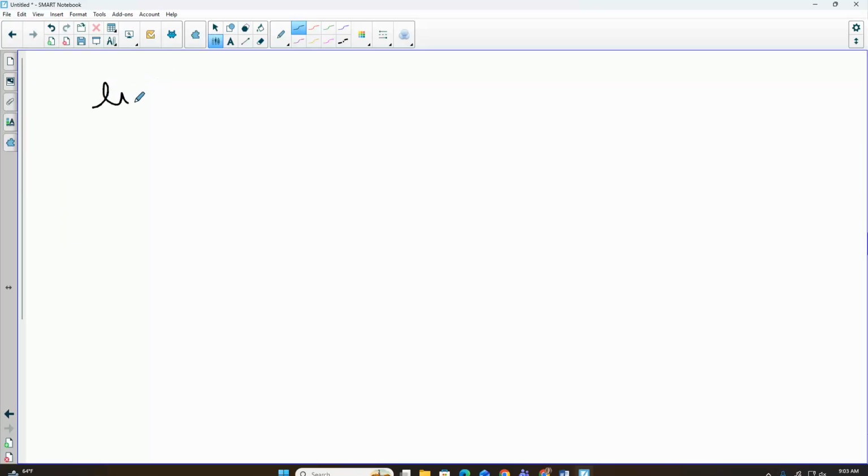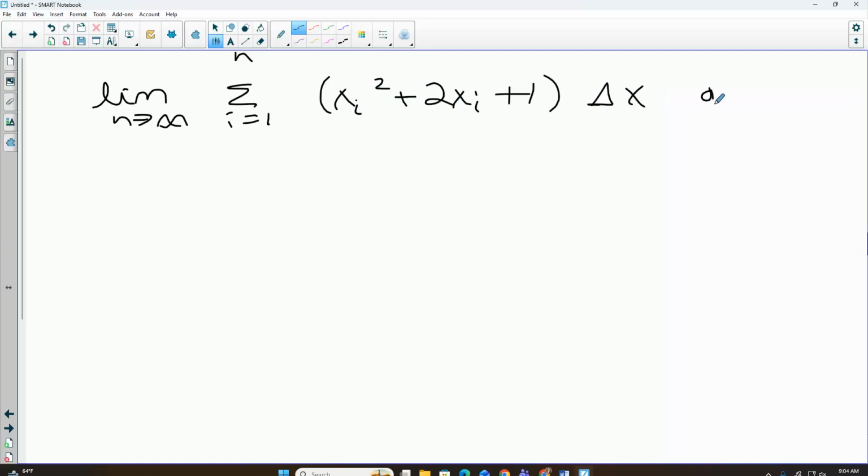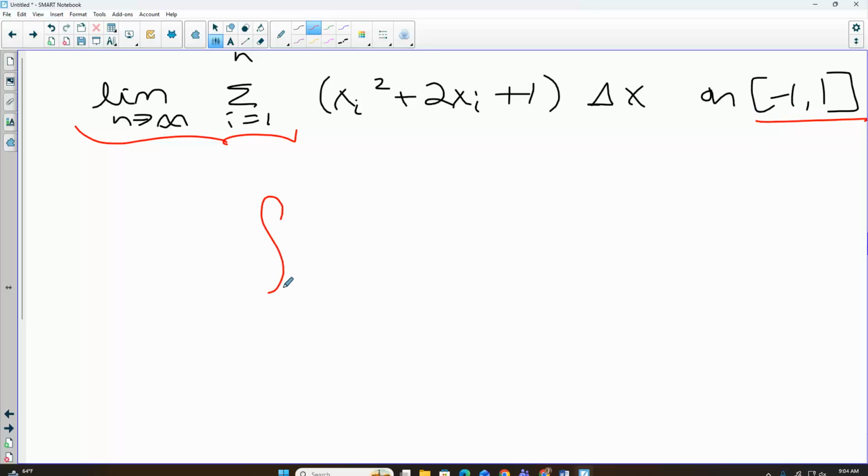18. We are asked to write an integral. So this limit of the sum piece, that turns into the integral, and this tells us our limits from -1 to 1.